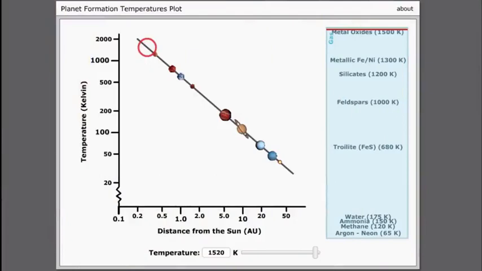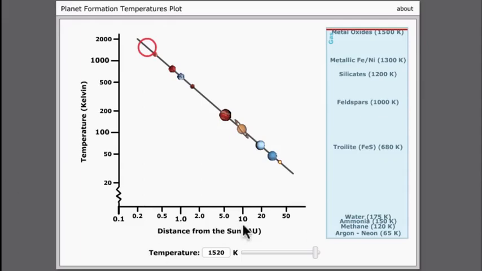What we see in this simulation is the impact that the temperature gradient through the nebula will have on the state of various materials or various of the metals that are present in the nebula. We see that, as we said, the temperature near the center, near the outside of the protosun, reaches close to 2,000 degrees.